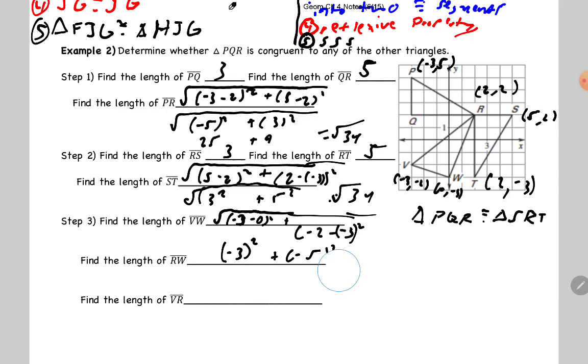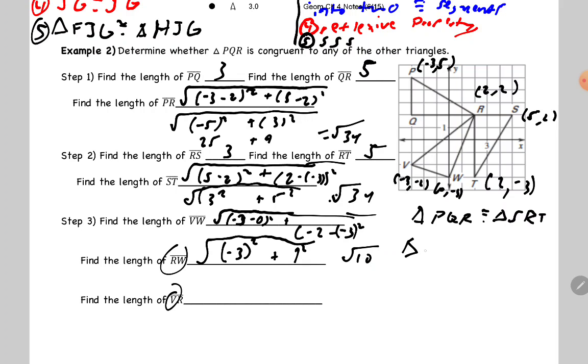Oh, yeah. No. -2 minus 3 is -2 plus 3, which is +1 squared. So that'll give me the square root of 10. And we just need to stop right there. We don't need to find this or this because we know that this length here is different from all the other lengths.